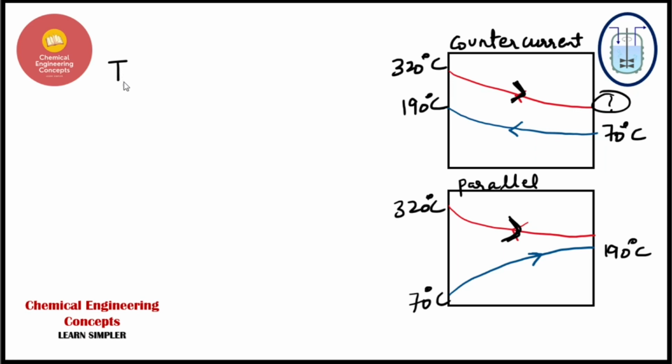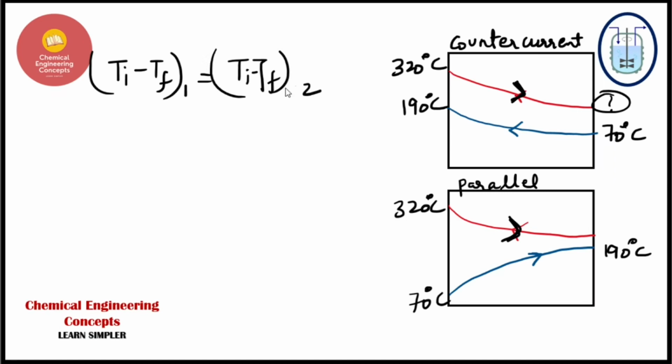So T initial minus T final for the first stream, that is the hot stream, is equal to T initial minus T final for the cold stream, or we can write it in any way, using any nomenclature here.